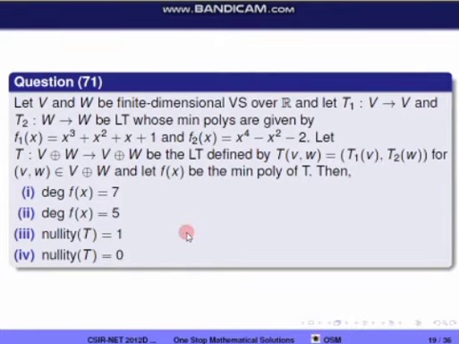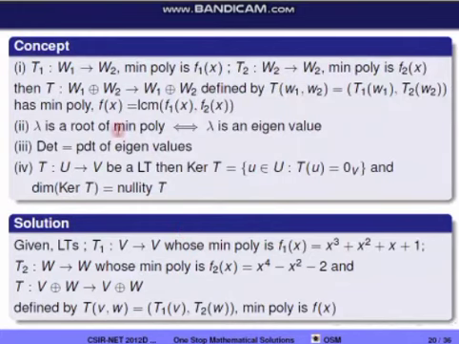So now we'll look into the concepts used. T1 from W1 to W1 is a linear transformation and its minimal polynomial is f1 of x, and T2 from W2 to W2 is a linear transformation and its minimal polynomial is f2 of x.